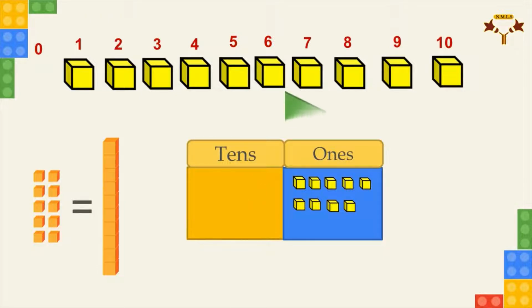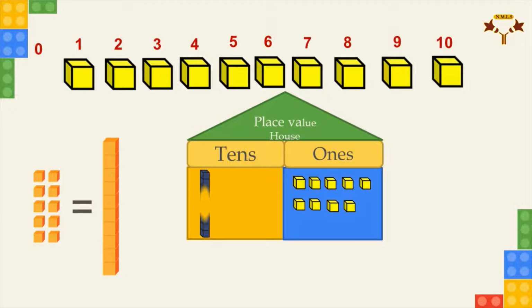I will put it in a new place, which is the tens place. So I put the 1 rod in the tens place. Here 10 squares equal 1 ten. Yes, so 1 ten equals 10.